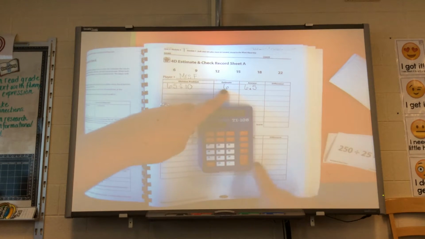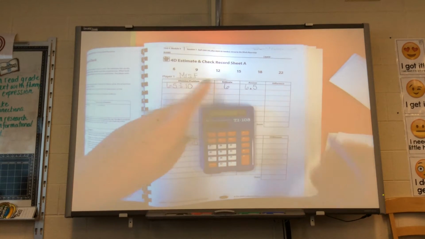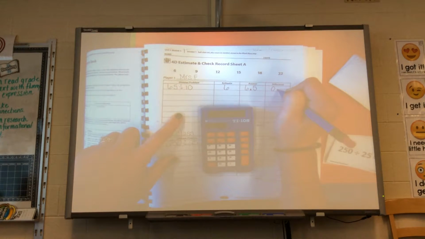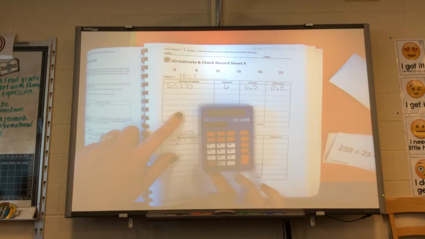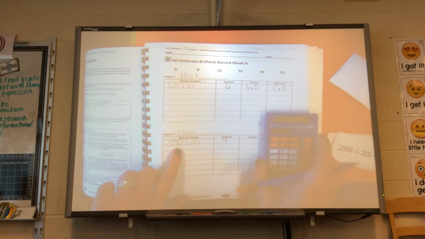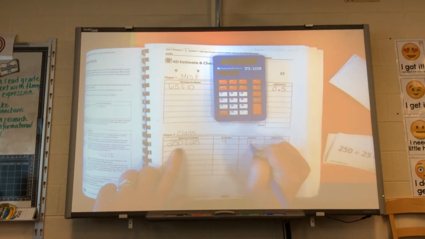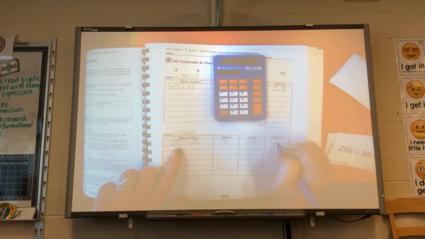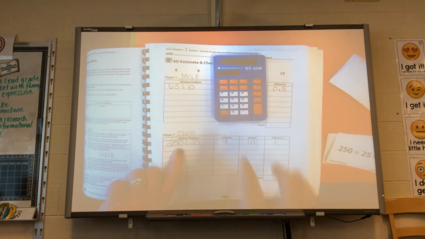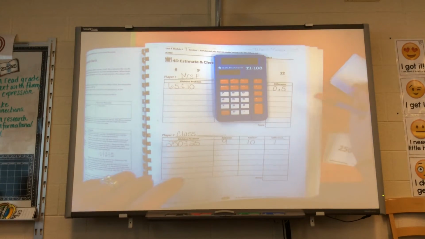I can use my calculator, or I could probably do that one with mental math. You are going to do the same thing. 250 divided by 25. Your answer is 10, and the difference between them is 1. Okay? Now we play another round.